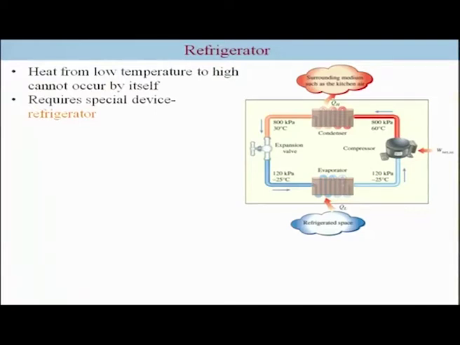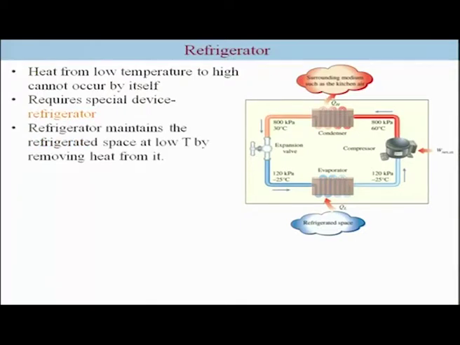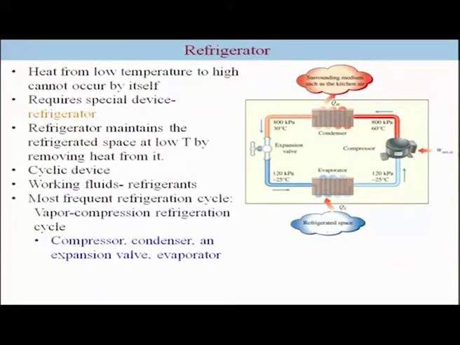This is an example of a vapor compression refrigeration cycle, where you have a condenser, compressor, evaporator and expansion valve, okay. Its purpose is to maintain the refrigeration space at a certain temperature, let us say TL, okay. This also works as a cyclic device, and the fluid which is used in this device is called a refrigerant, okay.